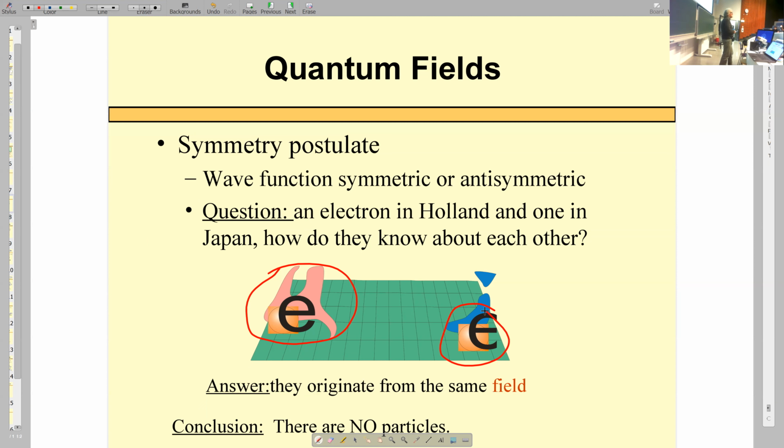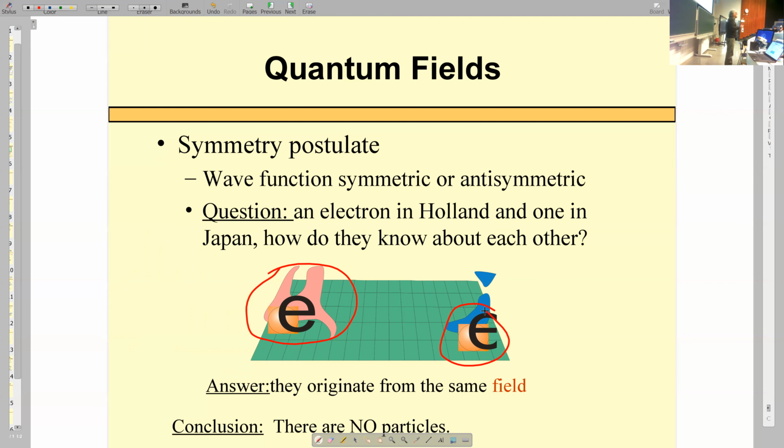What is the way out? The way out is logical. There is something which is the same in Japan and in the Netherlands, and which provides these electrons. In more mathematical language, there is an electronic field.